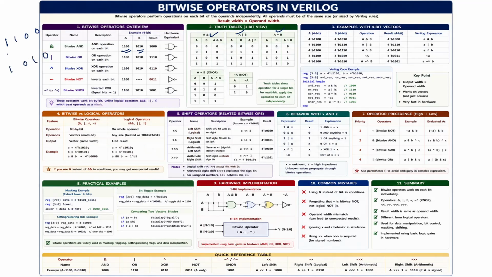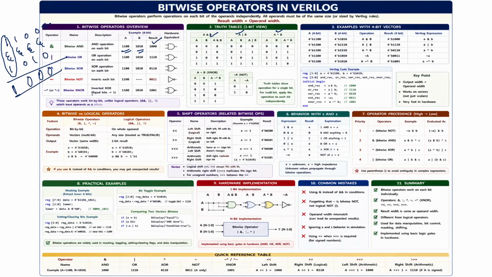Do the bitwise AND operation, then you get a result based on the size of your number. Here I am considering a 4-bit number, so the result is also a 4-bit number. 1 and 1 gives 1 only. 1 and 0 is 0, 0 and 1 is 0, 0 and 0 is 0. So 1 0 0 0 is my result.